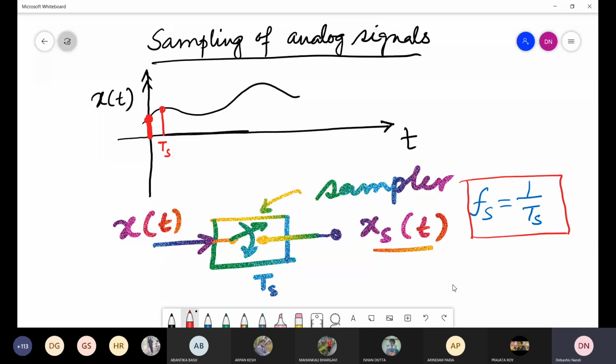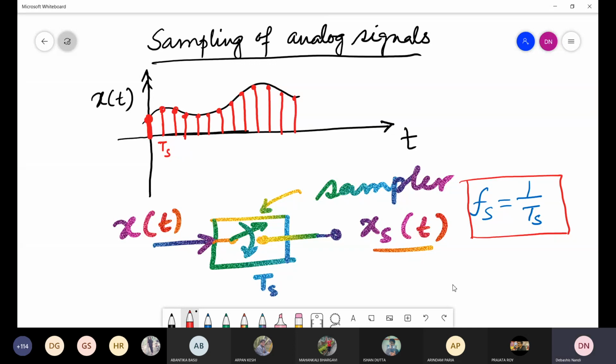Suppose this is your first sample, this red one, and the second red sample is the next sample, and the third sample is this one, fourth sample is this one, fifth sample is this one, sixth is this one. In this way, you can sample the whole signal. So these are the sample values.